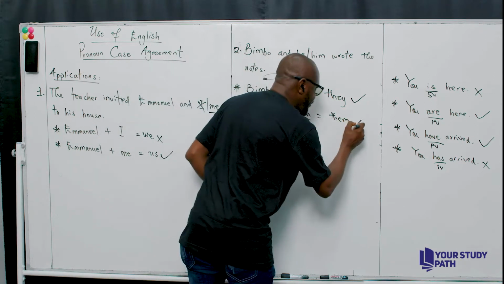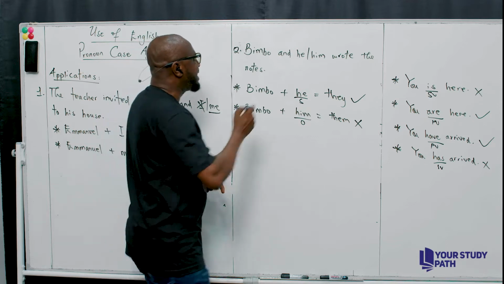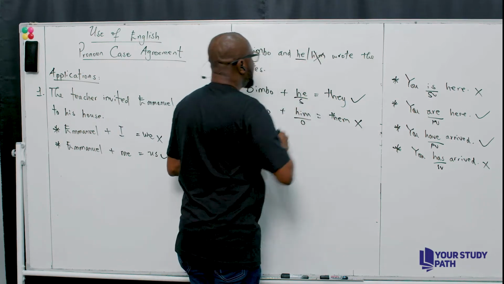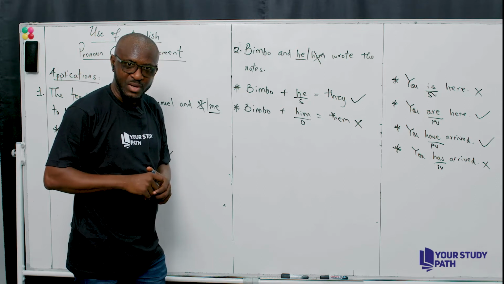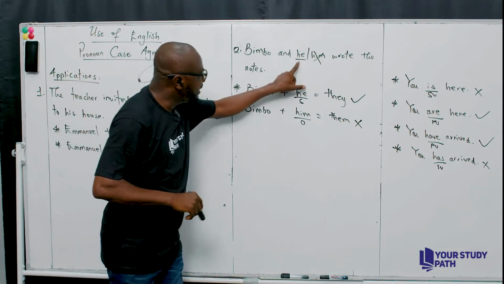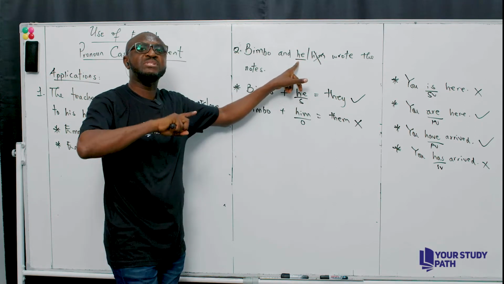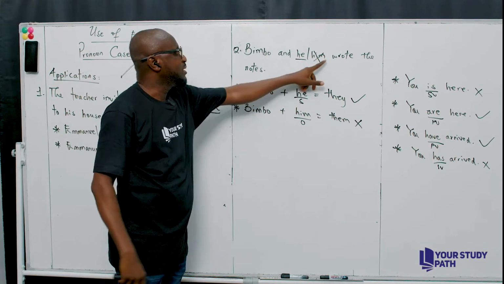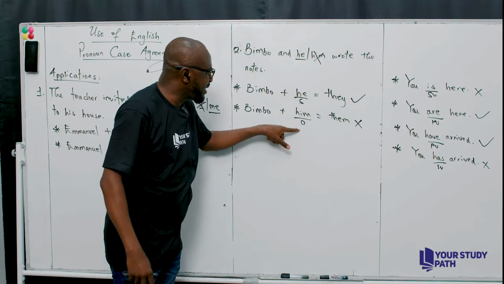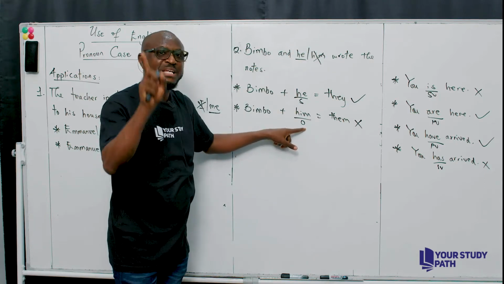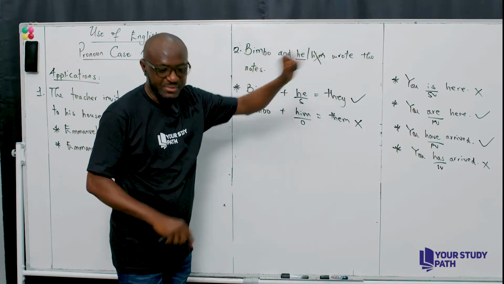No. Now coming back to the sentence, we can have Bimbo and he wrote the notes. Why? He is a subject pronoun which should be positioned before the verb, not after. Him is an object pronoun which cannot be positioned before the verb, but after.